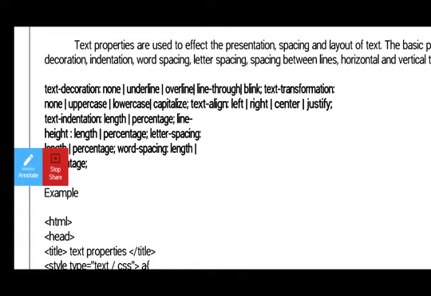Next one, text alignment. We can align the text to the left, right, center, or we can justify the text. So these are the different text alignment options: left, right, center and justify.